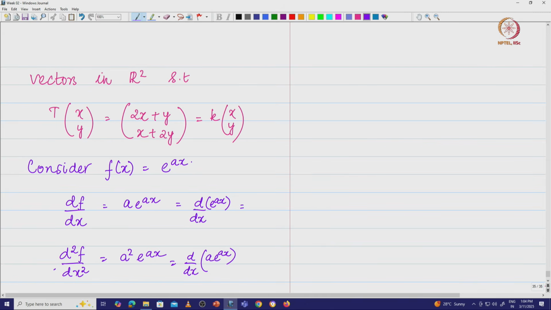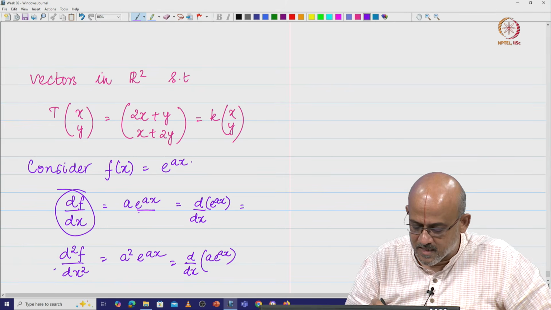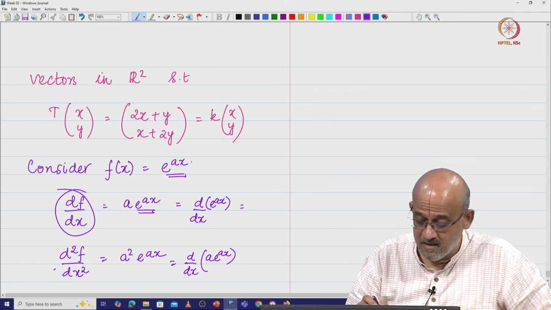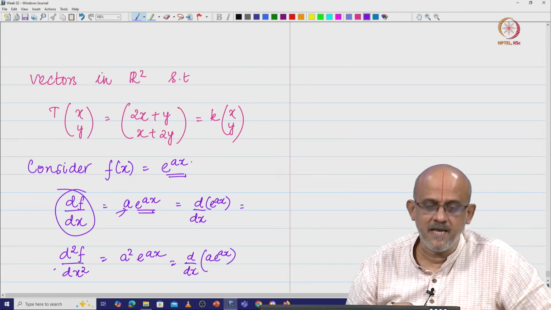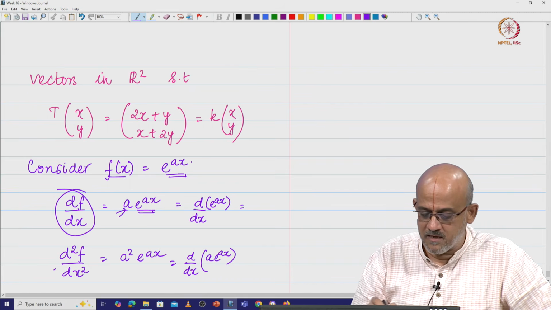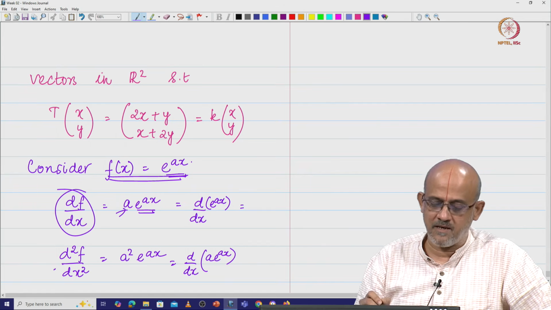Now, in this case, for the differential operator that you have here, when you gave e^(ax) as the input, the output was the same function, just scaled by a. Is this right? The original function was e^(ax).